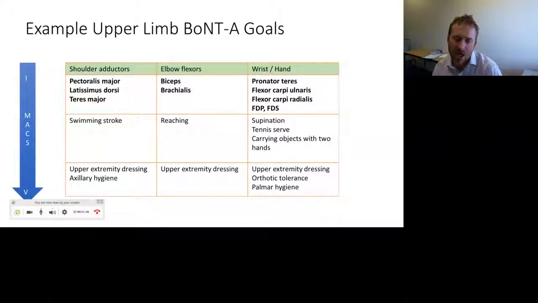But then again, that might help with upper extremity dressing for a child that's more severely affected. We often also inject wrist flexors, wrist pronator, and long finger flexors to help with grasp for children with more manual function, but also to help with upper extremity dressing, hygiene, and orthotic tolerance for kids with more severe disabilities.